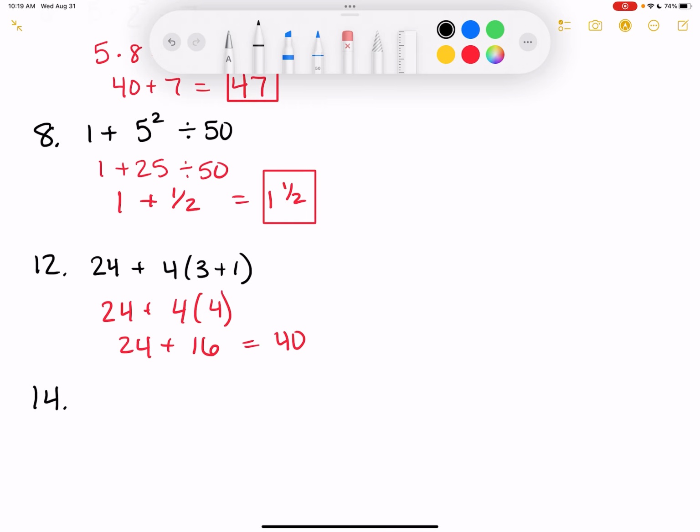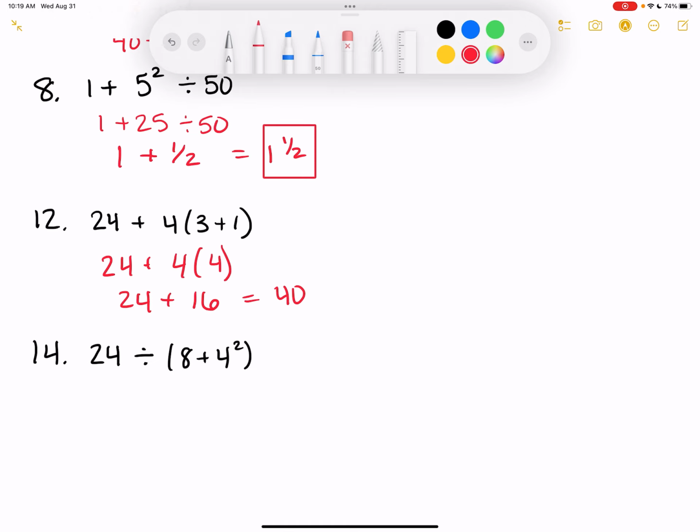14, we have 24 divided by 8 plus 4 squared, or 4 raised to the 2nd power. So what is my first step with this one? Parentheses. Okay, and then within the parentheses, I have 8 plus 4 raised to the 2.